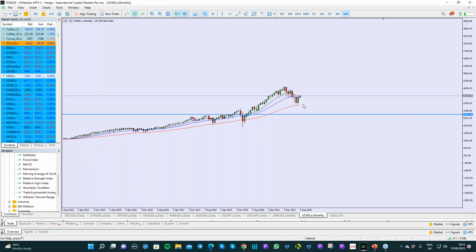On my chart here, I'm looking at the 50 moving average, the red line. It's not unusual to have a pullback to the 50 moving average. It's happened here, here, and here as well. So yes, there has been very bearish price action over the last few months, in fact for the majority of this year.